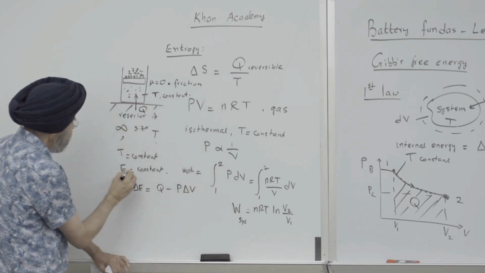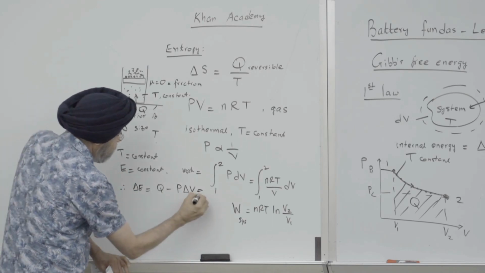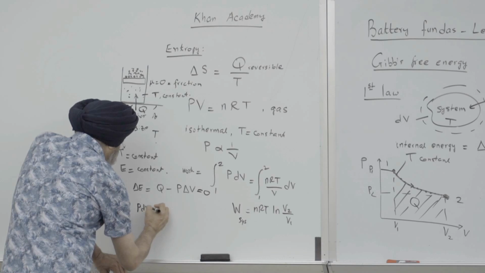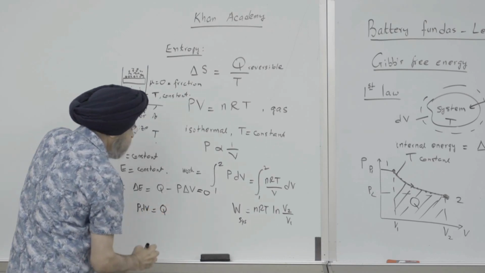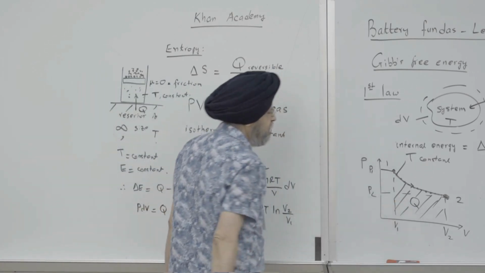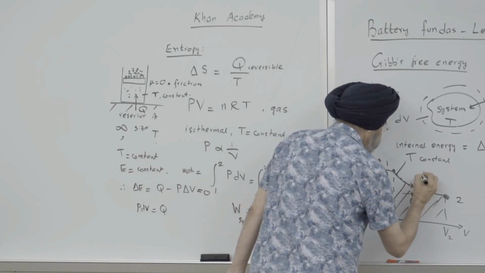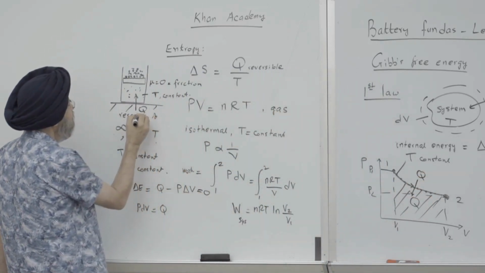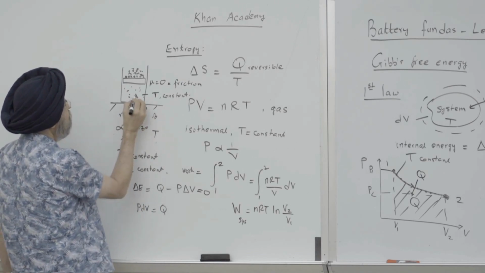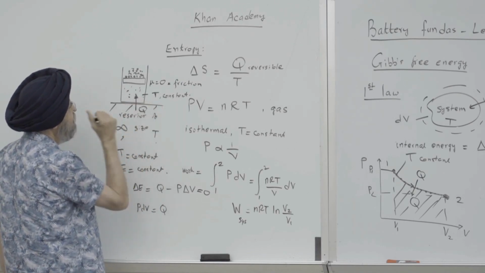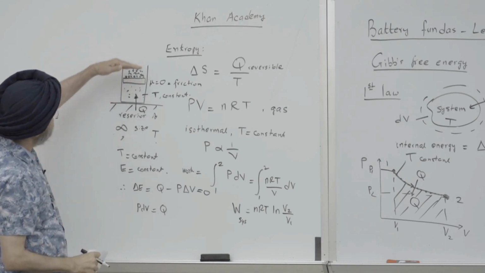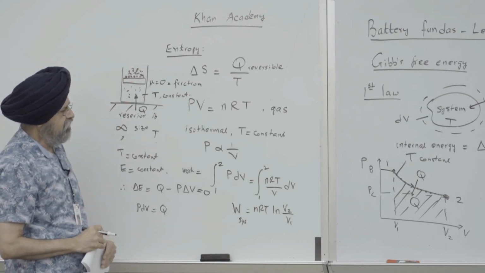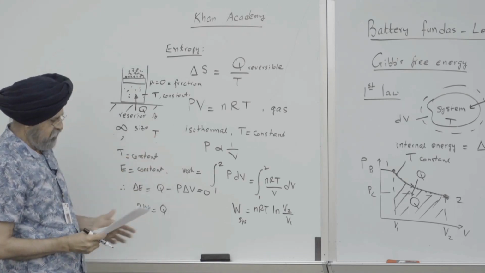E is constant, so this is 0. Therefore, P dV, the work we did, is equal to Q. So that's why I wrote Q over here. So Q comes from the surrounding. So Q, number of calories, is fed to the system to keep it at constant temperature while I'm removing pebbles. So this is a reversible system.